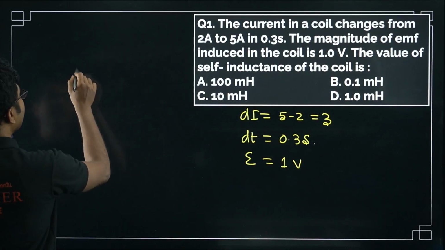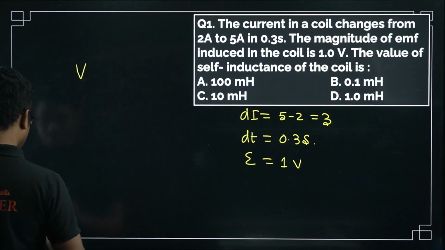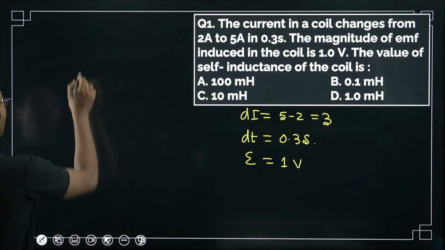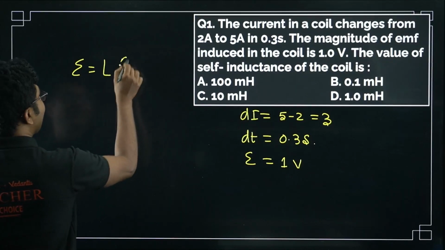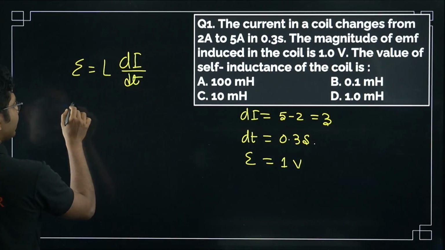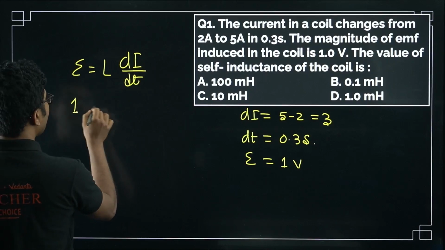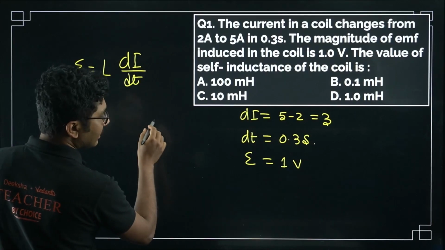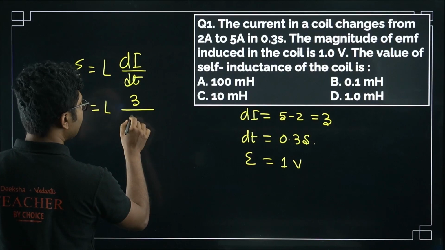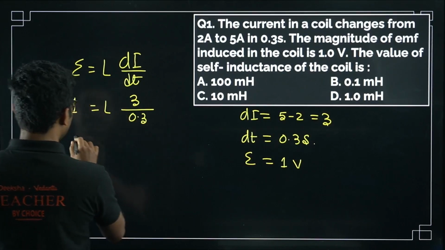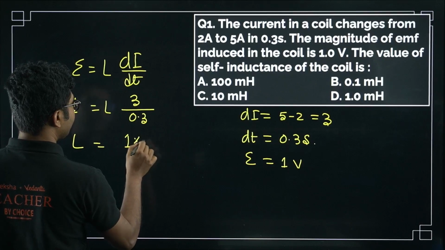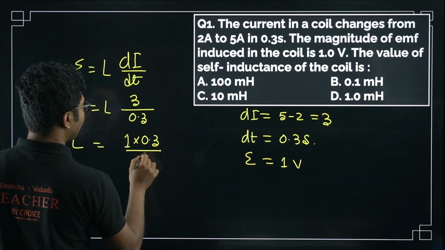We know that induced EMF is L dI by dt. Induced EMF is 1 volt, L we don't know, dI is 3 and dt is 0.3. So L equals 1 into 0.3 divided by 3.